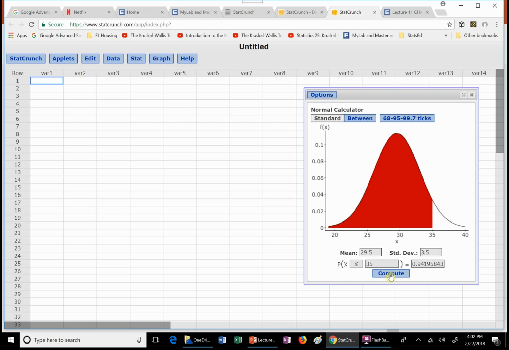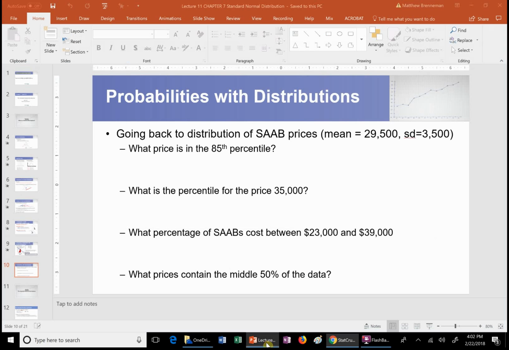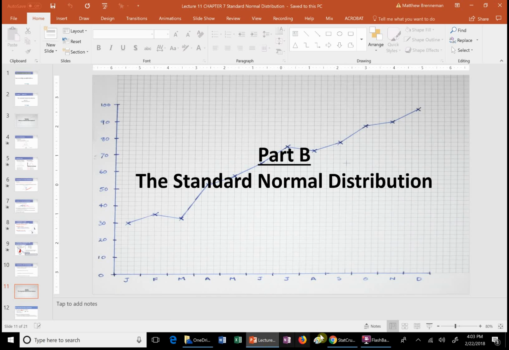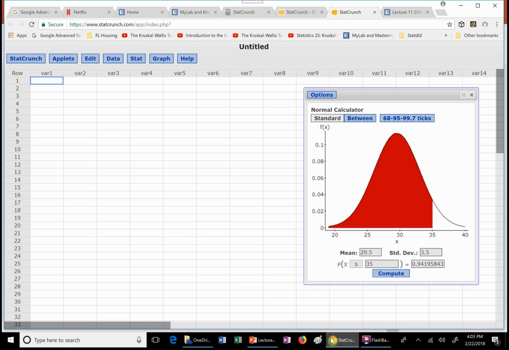All right, great. What percentage of SUVs cost between 23,000 and 39,000? So I go over to here, but I don't have two numbers.